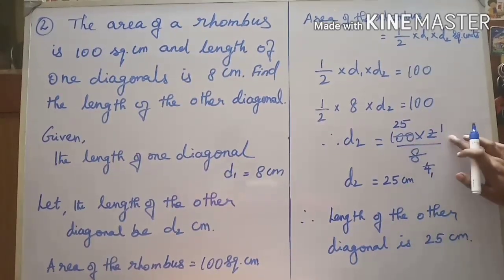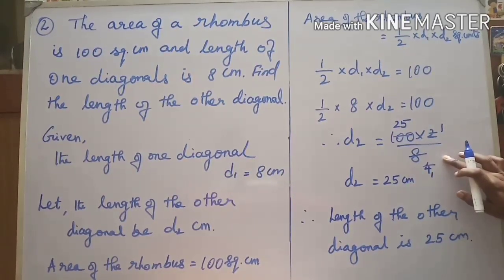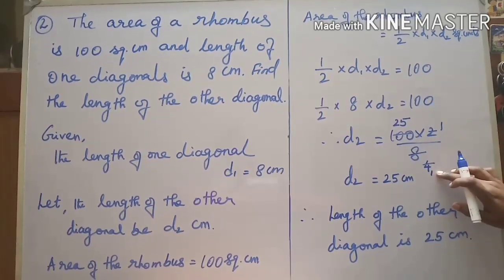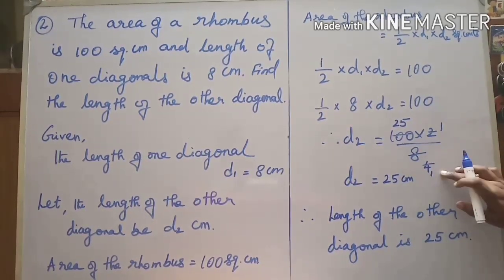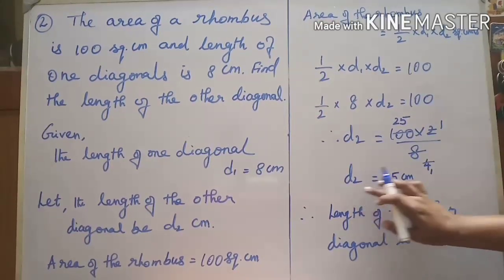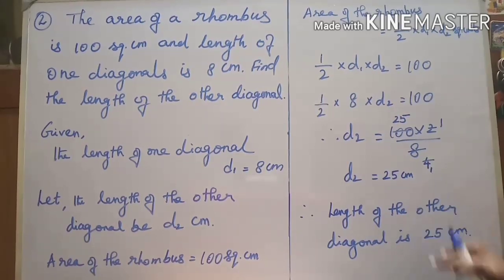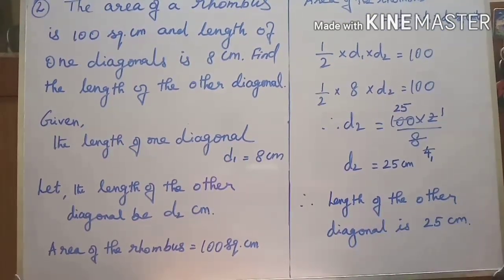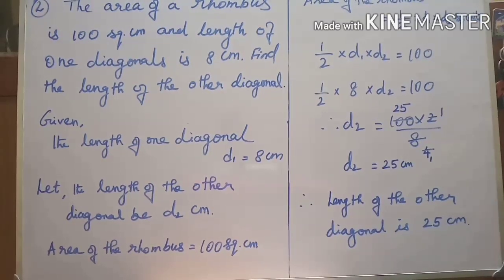So 100 into 2 by 8. Now do the cancellation. 1, 2 is 2. 4 2's are 8. Again, go with these two numbers. 1 4 is 4. 25 4's are 100. So the value of the other diagonal is equal to 25 centimeter. The length of the other diagonal is 25 centimeter. Am I clear there?